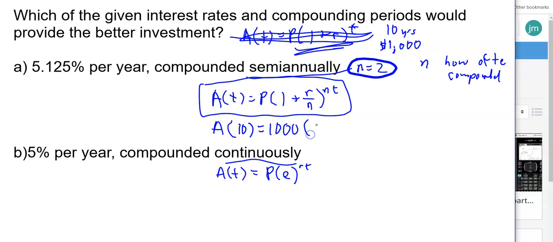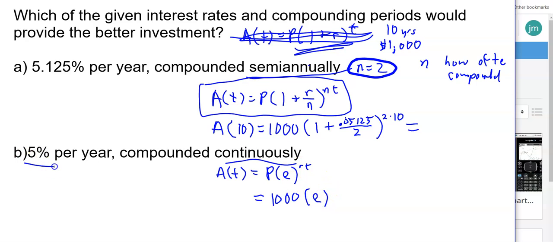We're doing those, by the way. 1 plus the rate, 0.05125 over n, which is 2. It's compounded twice a year, to the power of 2 times 10, which is n times t. You can type that in your calculator, get an answer. We'll do that in a second.